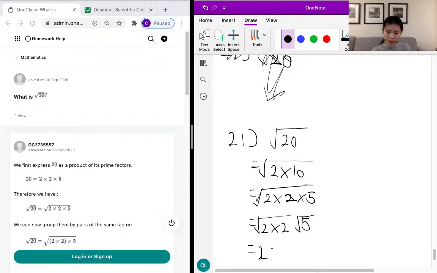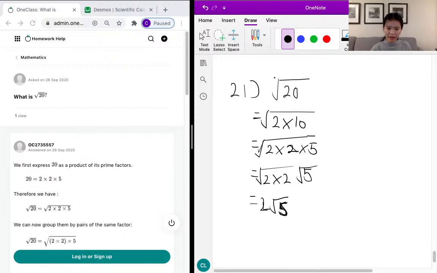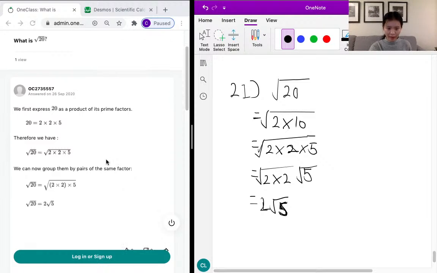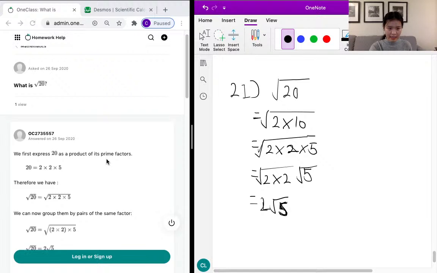So we have 2 root 5 as our simplified radical. So we know root 20 is equal to 2 root 5. That's how we simplify the radical and find the square root of 20.